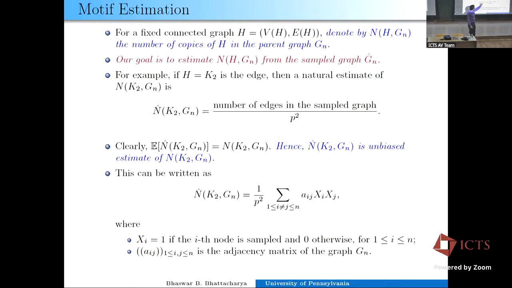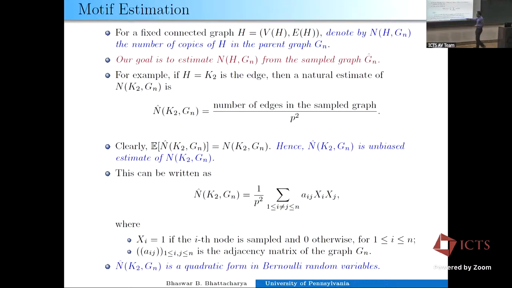The estimate n hat of the number of edges is 1 over p squared times this quadratic form, where aij is 1 if there is an edge in the population graph. This is an adjacency matrix of the population graph. And xi is 1 if the ith vertex is sampled. So this quantity here is only being counted if both i and j are 1 and that edge is observed, right? So this is a point to note that this is a quadratic form in Bernoulli random variables, okay?